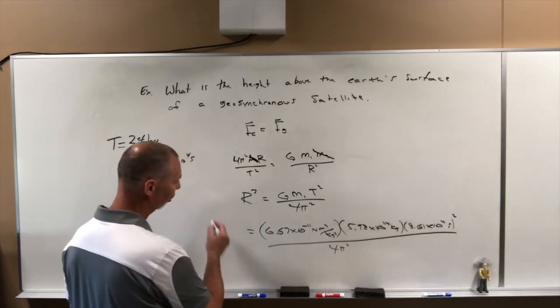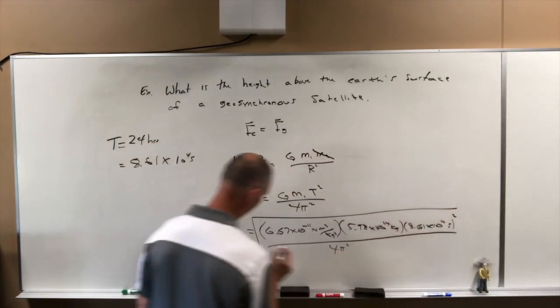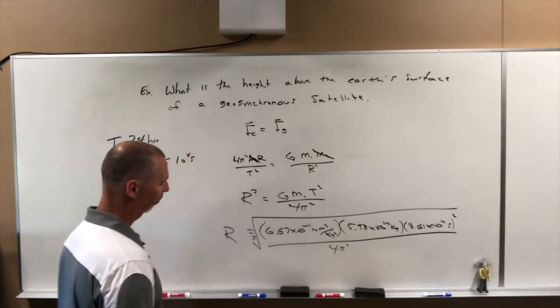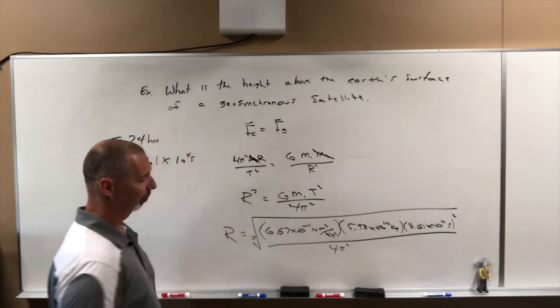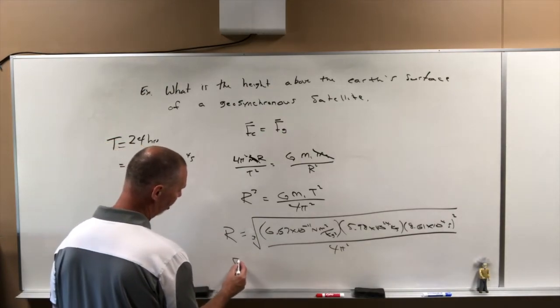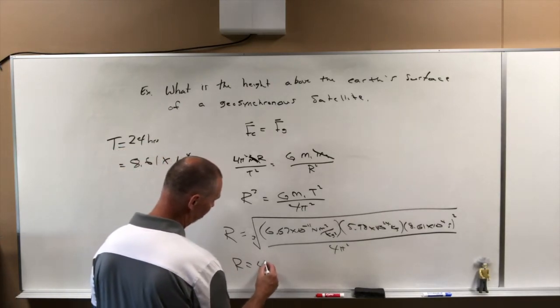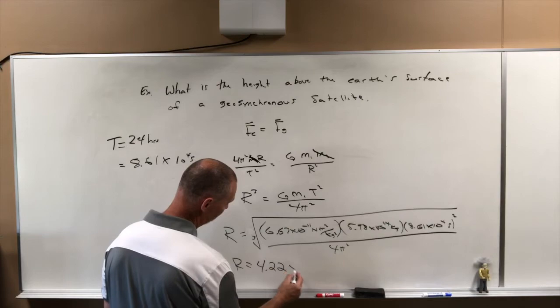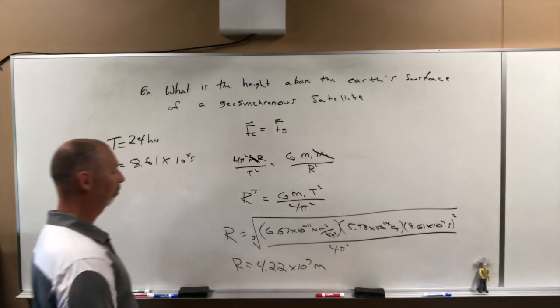And then of course, to get r, you're going to take the cube root of that. Like that. And what that will give us is an r that is equal to 4.22 times 10 to the 7 meters.